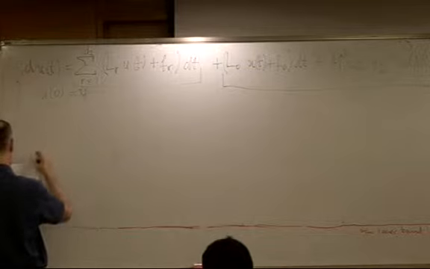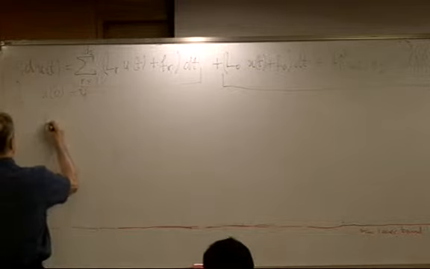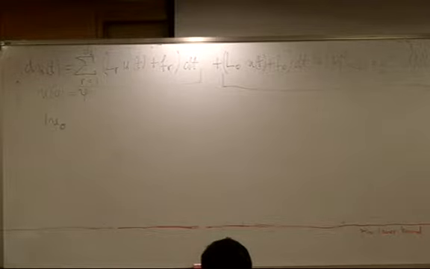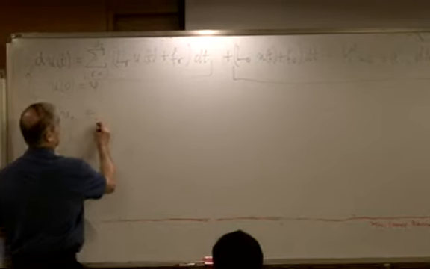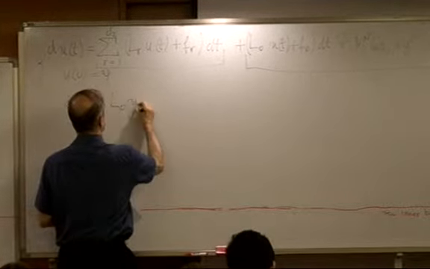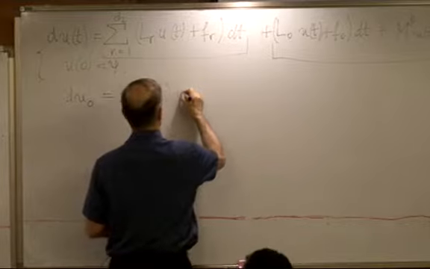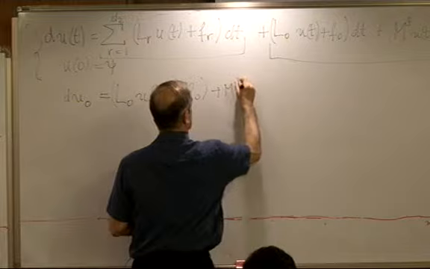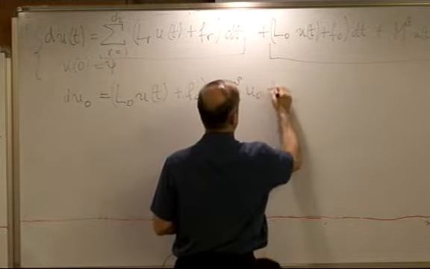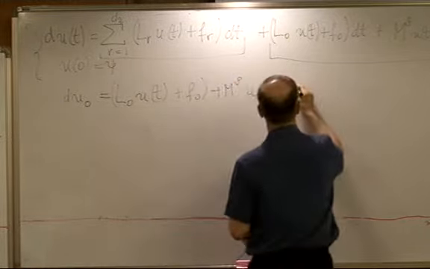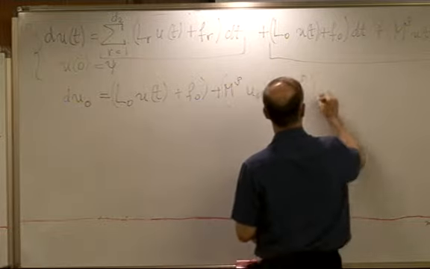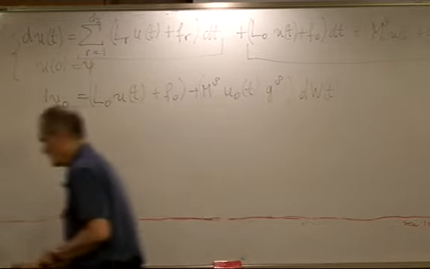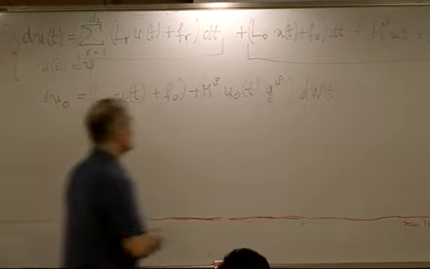I write it as solving du, where the 0 is an index, not the initial condition, equals L_0 u_0(t) plus f_0 dt plus M_rho u_0(t) plus g_rho dW_t. This is the equation with index 0.